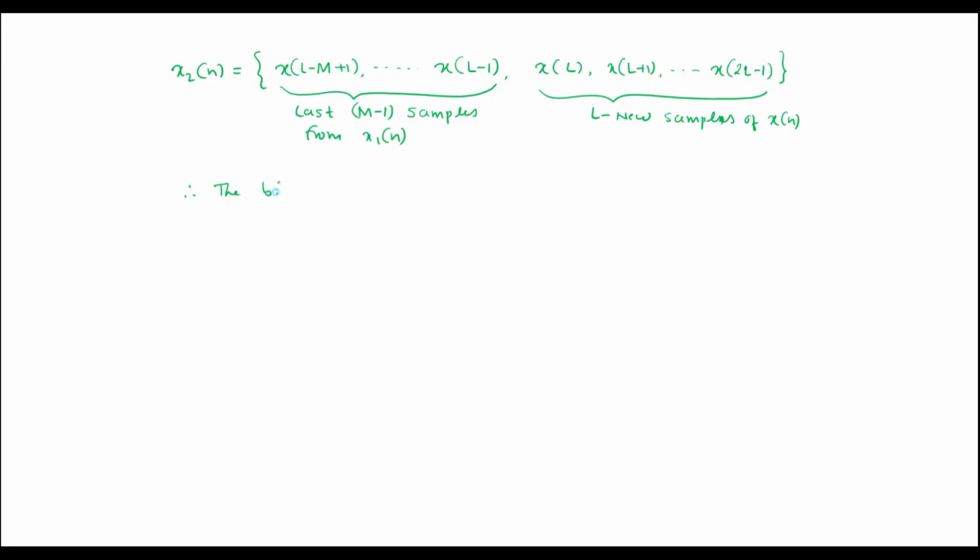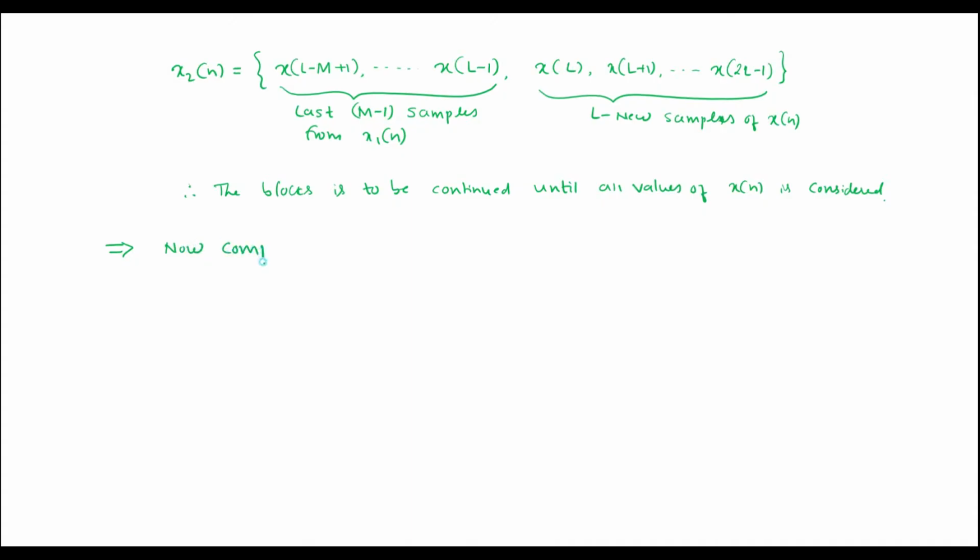The blocks are to be continued until all values of x of n are considered. So next we are supposed to perform the circular convolution between each small block and h of n.